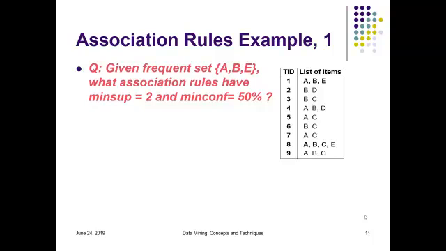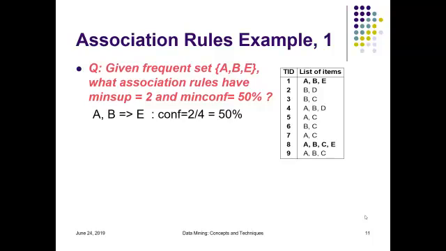So we'll take another example related to ABE. There's a transaction database given with 9 transactions, and ABE is frequent. We need to generate the association rules with the minimum support of 2 and the minimum confidence of 50%. Given that ABE is frequent, it will have the minimum support. So we need to check which association rules have a confidence of 50% or above.